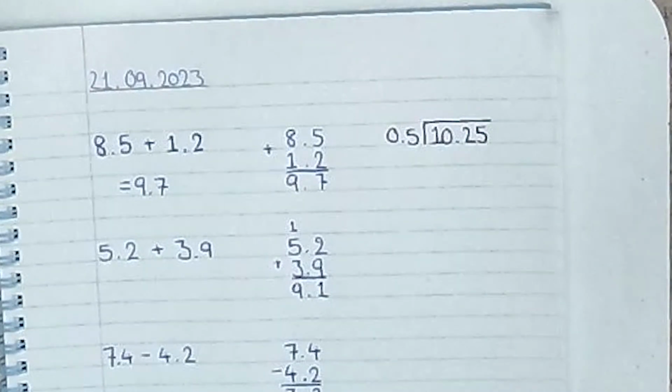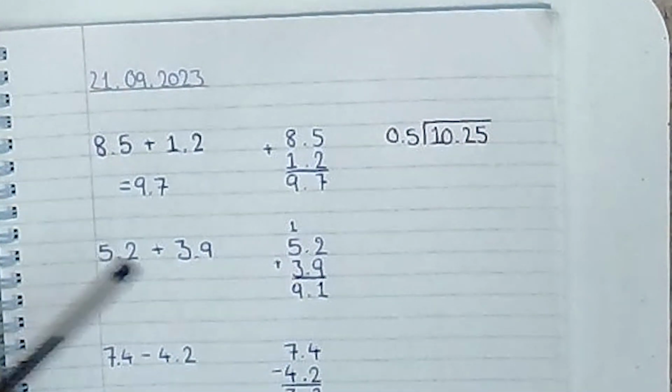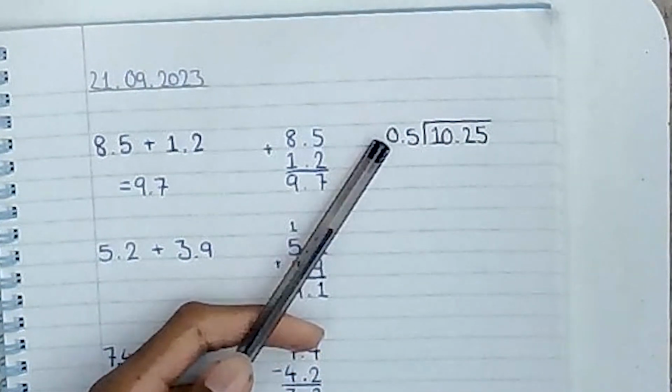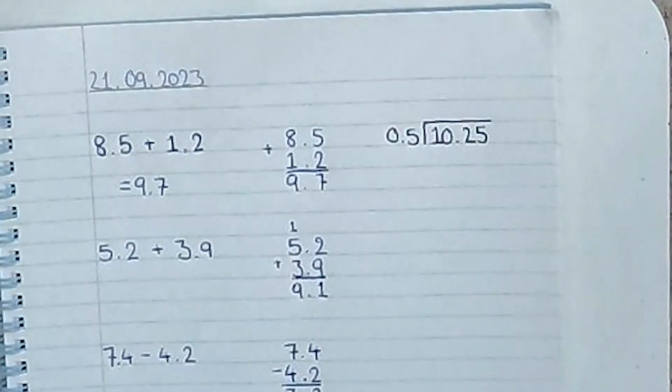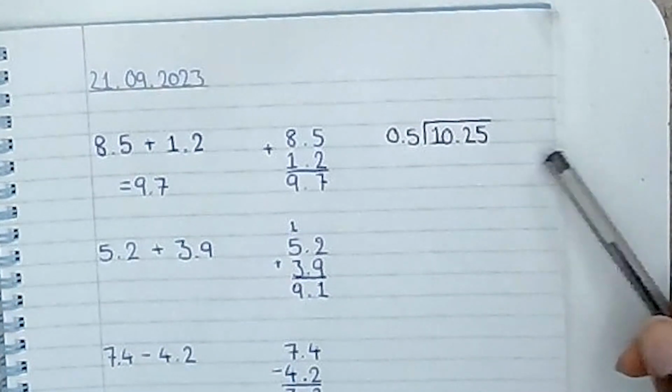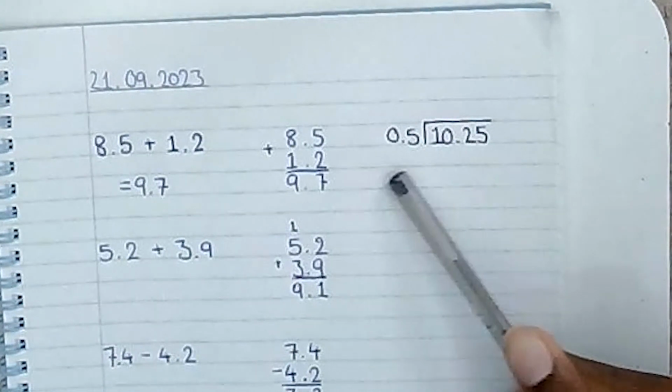Okay, we're going to finish off with some division. So we have 10.25 divided by 0.5.